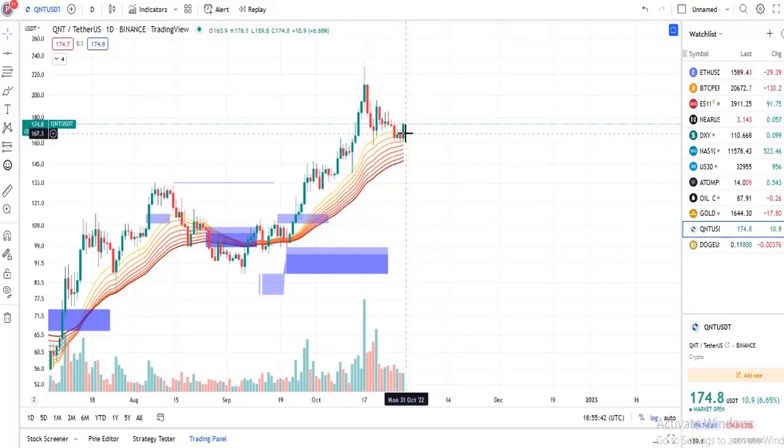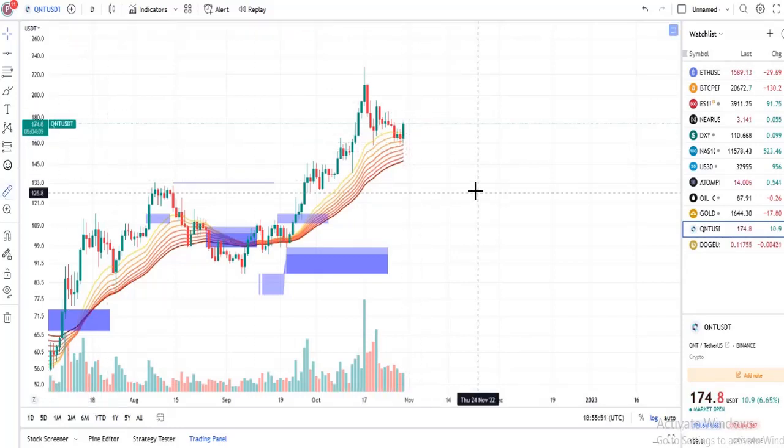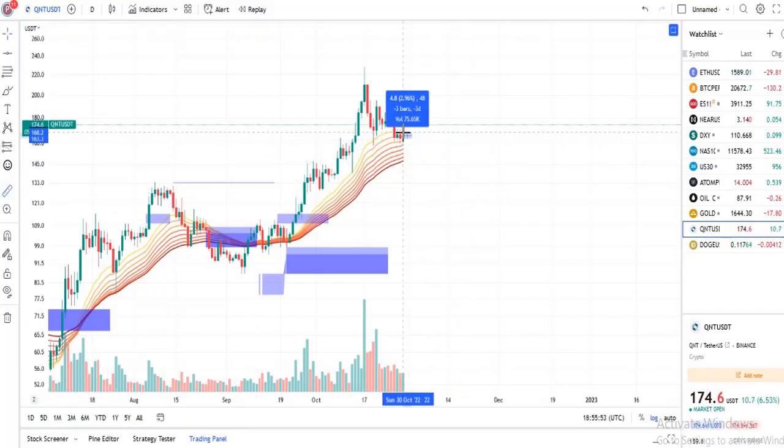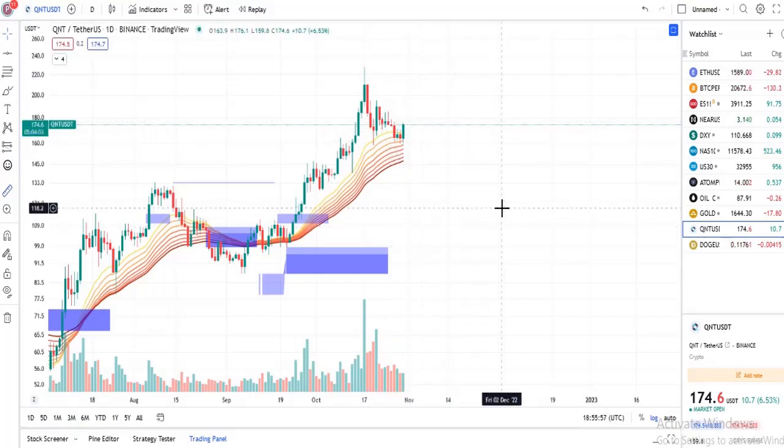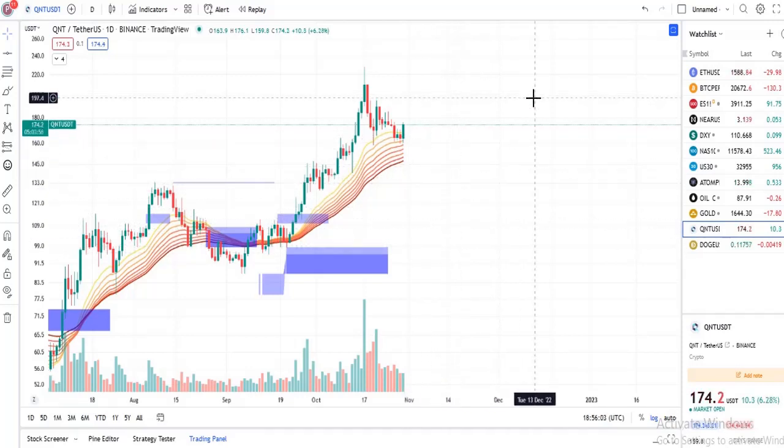We're beginning to see that push in the price of Quant. We had a huge 8% push in the price. Quant had a pump this evening, and we were expecting that.